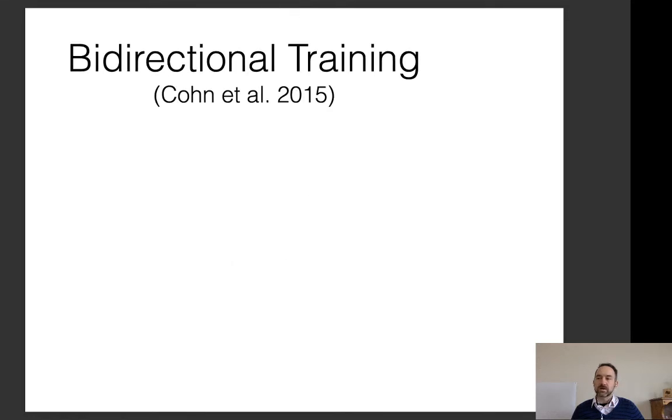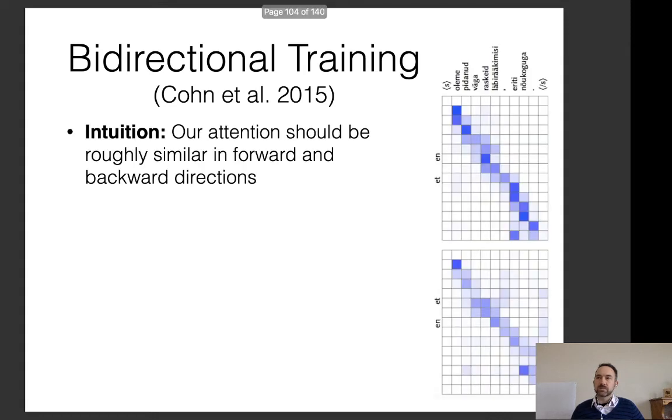Another method that I have used in the past and can be useful is bidirectional training. The intuition is that if you have a forward sequence model and a backward sequence model, the attention diagrams between them should be approximately similar.